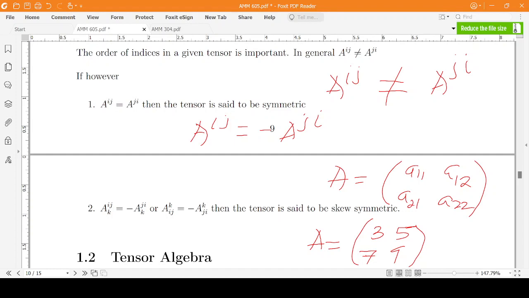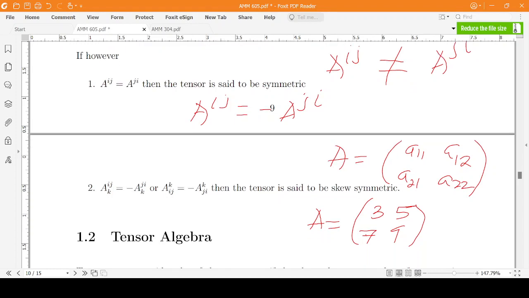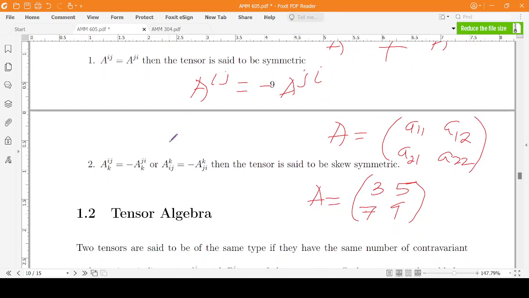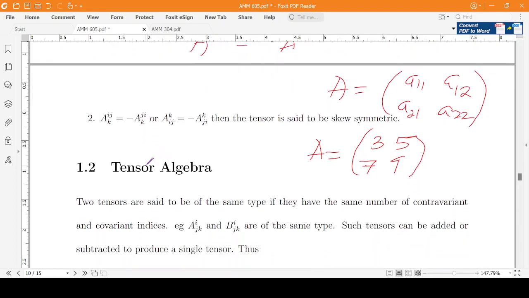We can even have a mixed tensor of any order, provided that interchanging the indices i and j will reverse the sign, then the tensor is said to be a skew symmetric tensor.